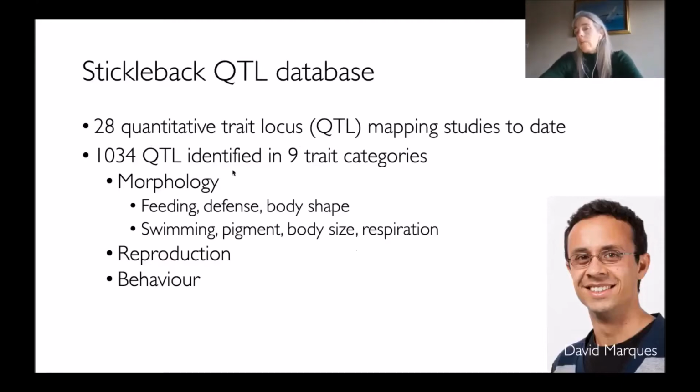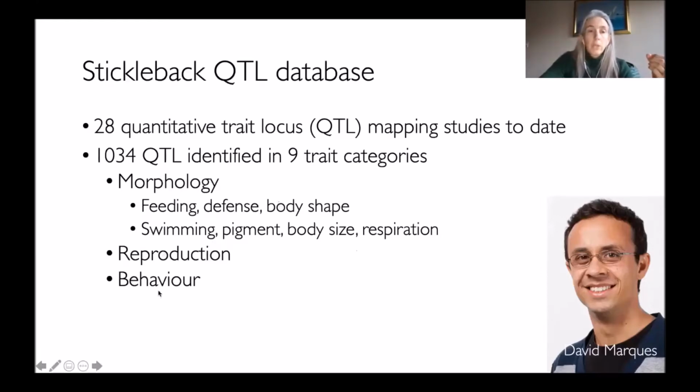David and I put them into different trait categories. So there's a lot of morphological traits. We associated those with feeding structures, defensive structures like those plates or spines, which are thought to be defensive against predators. There's a lot of shape variation that people had measured. There were some reproductive traits, and then also a number of behavioral traits.